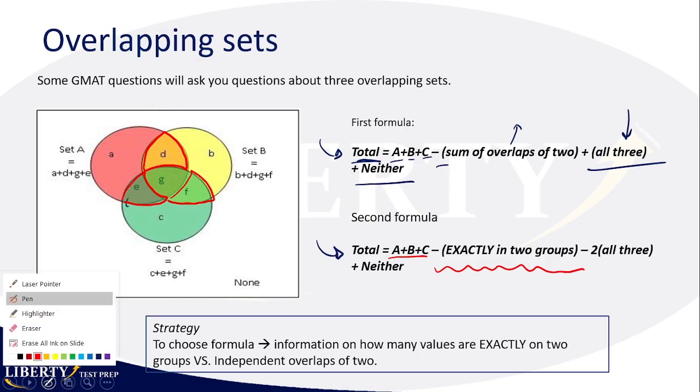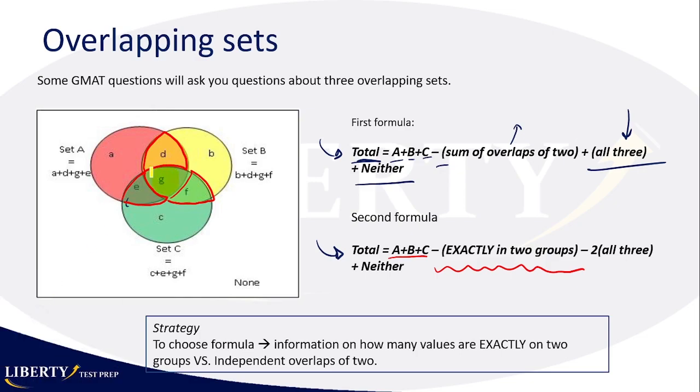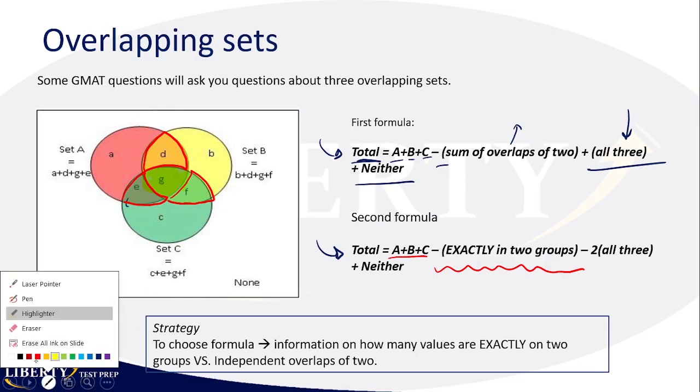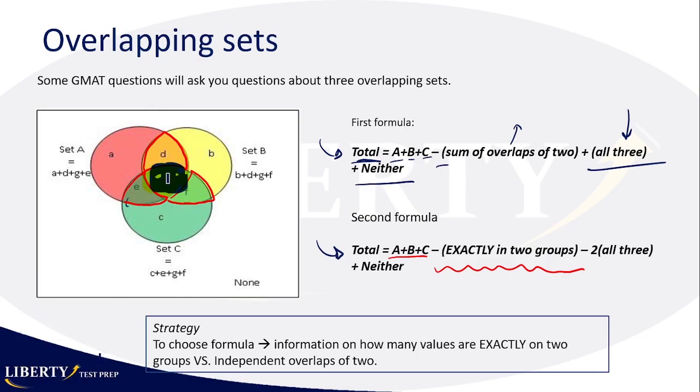So what they're not giving you is G here. Let me change colors so it's a little bit more clear. There you go, G. That G part is not being counted here. That's why you then have to subtract G twice. And then neither.